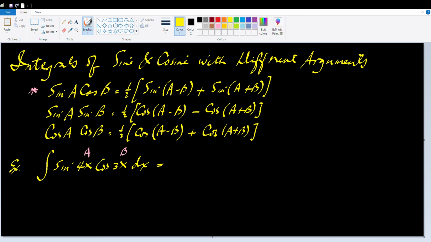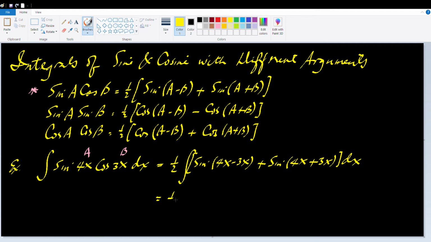So applying identity 1, we have 1/2 of the integral of sine of 4x minus 3x plus sine of 4x plus 3x, quantity dx.